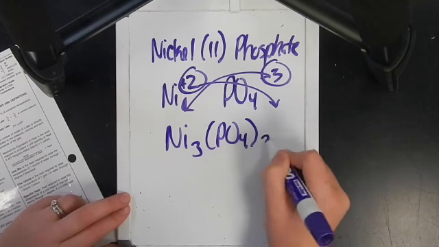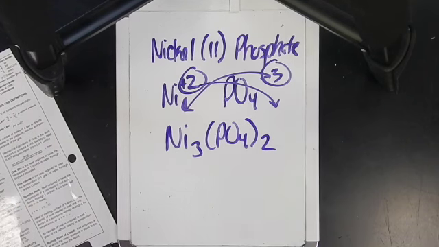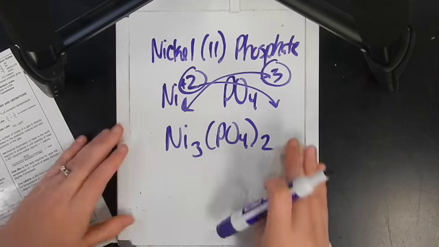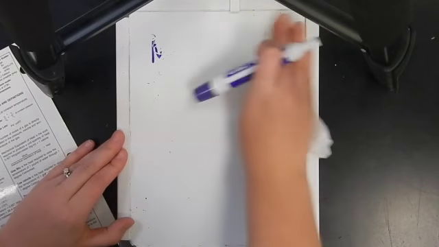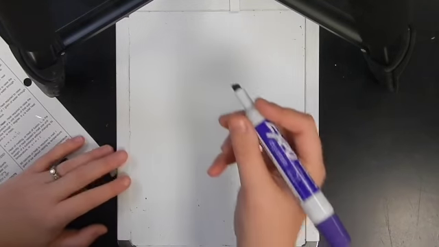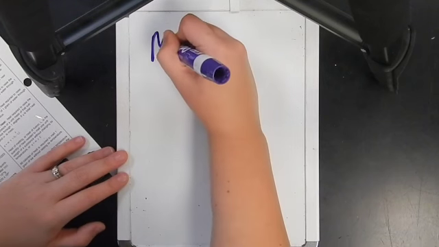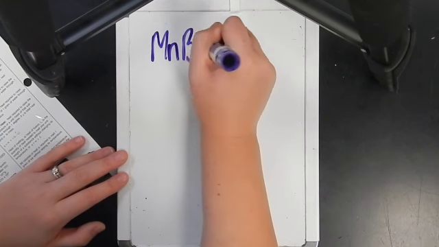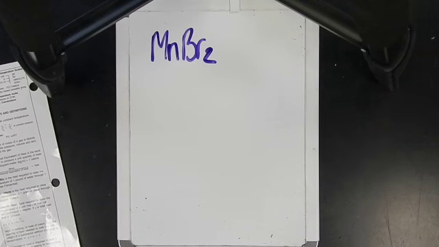Now I'm going to talk about how you figure out the charge when going from the formula to the name. This name is a little different because we can't find the charge on the periodic table just by looking.